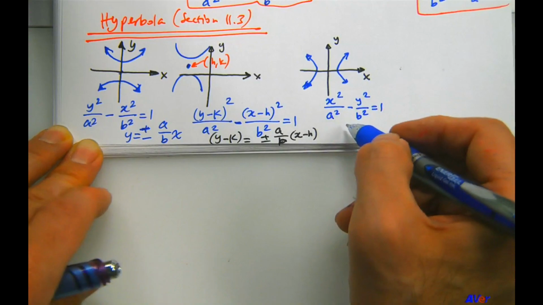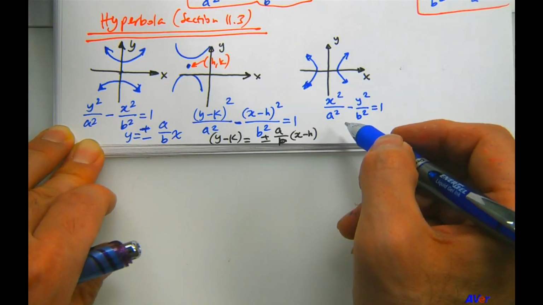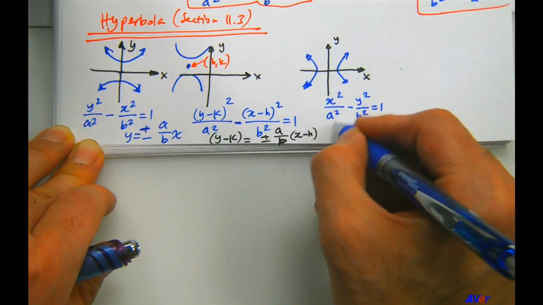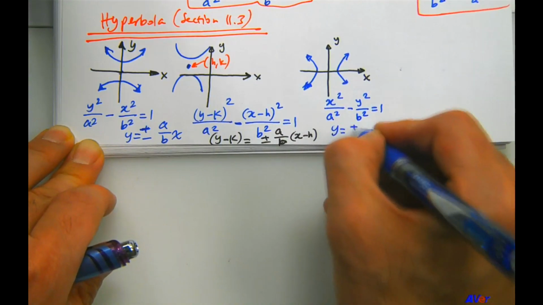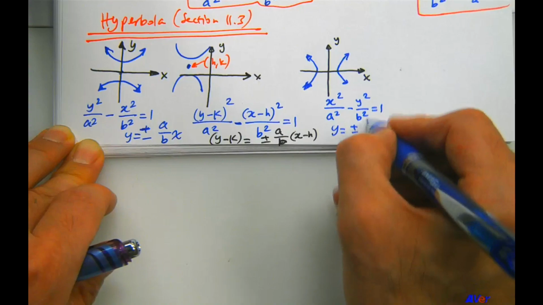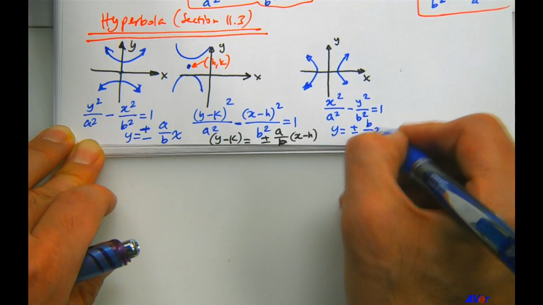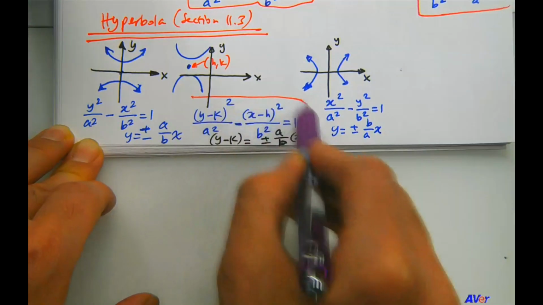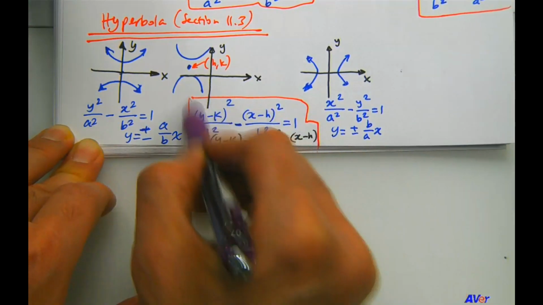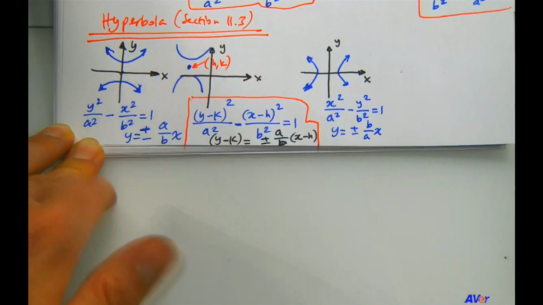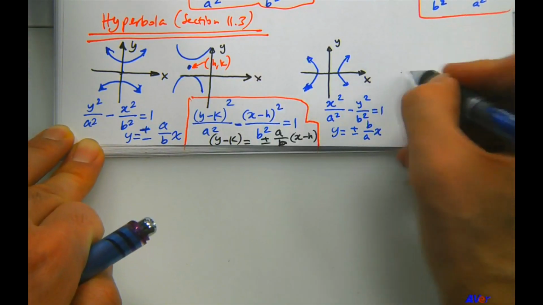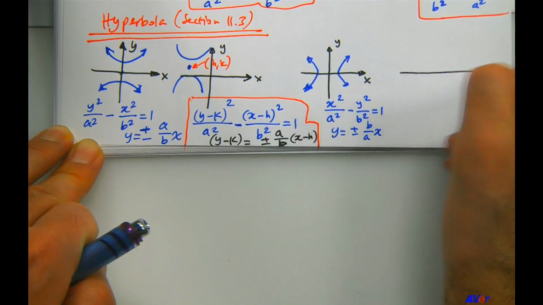The equations of the asymptotes would be y equals plus or minus b over a times x. And by the way, let me box this one as well, as I did for the vertical hyperbola, and we're doing the same thing for the horizontal one.